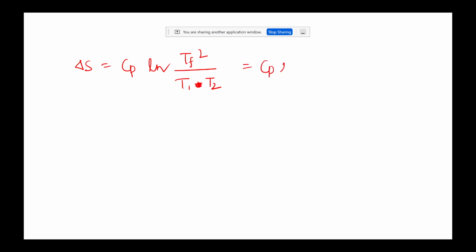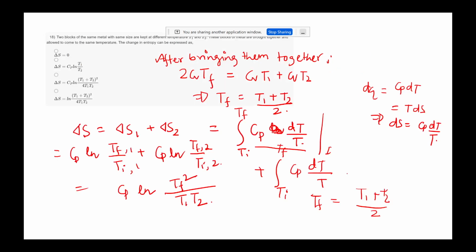So after substituting, (T1 plus T2) whole squared by 2, then this is 4 T1 T2. That is the answer. So the answer will be option C.